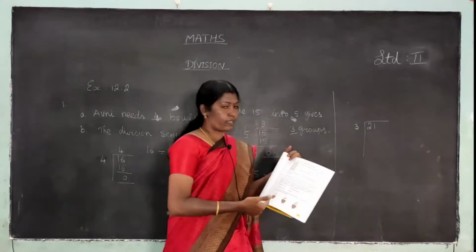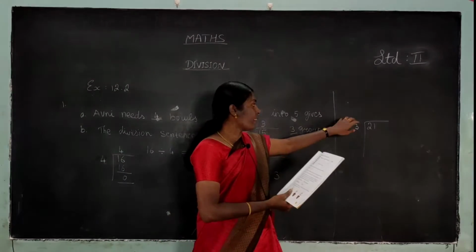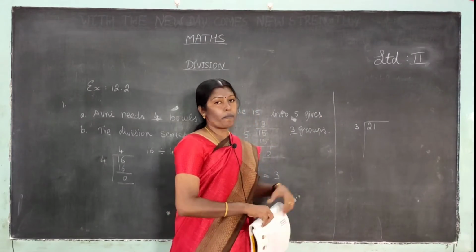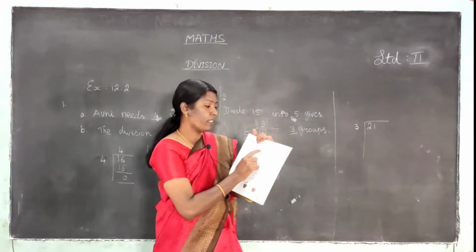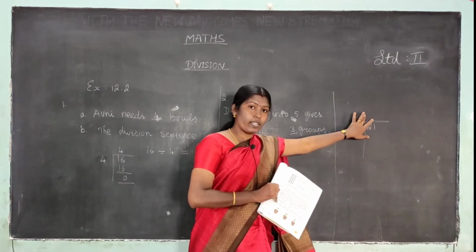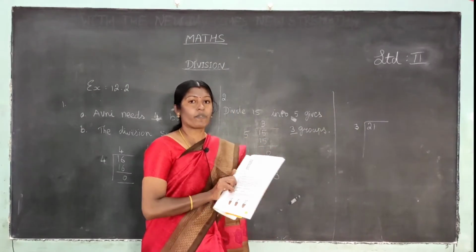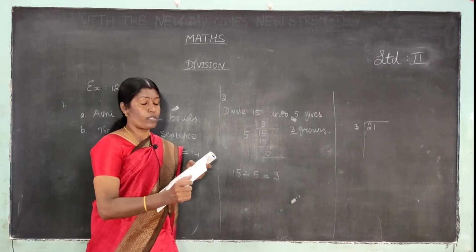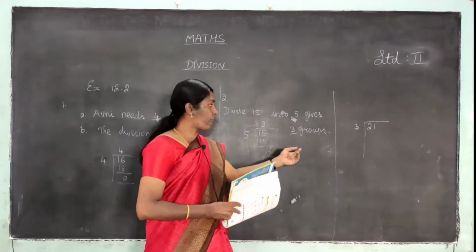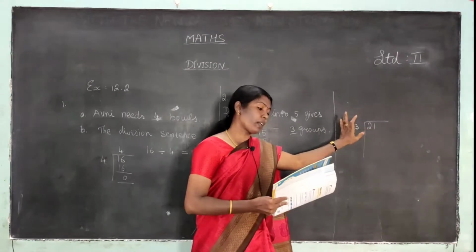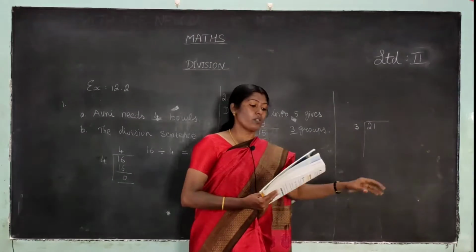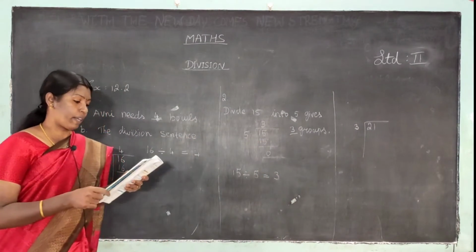Tell the 3 table and write the quotient here, and afterwards you subtract. And here you see, dividing 21 into groups of 3 gives, what is the quotient? You write it in the box. That is dash groups. Try this as homework, and you can write it in sentence form also. Okay, 21 divided by 3 equals, what is the quotient here? You write that. Okay, try this as homework.